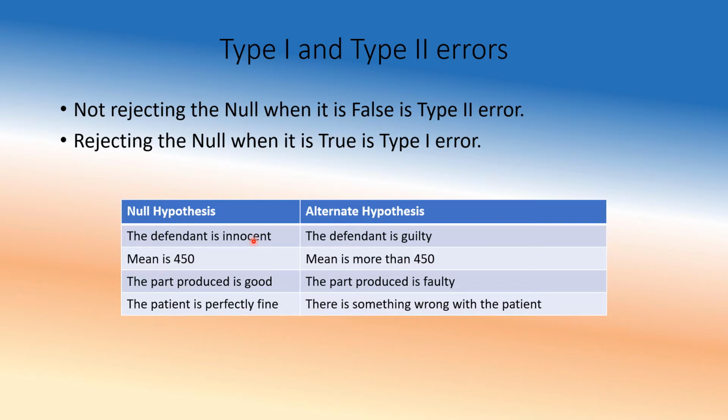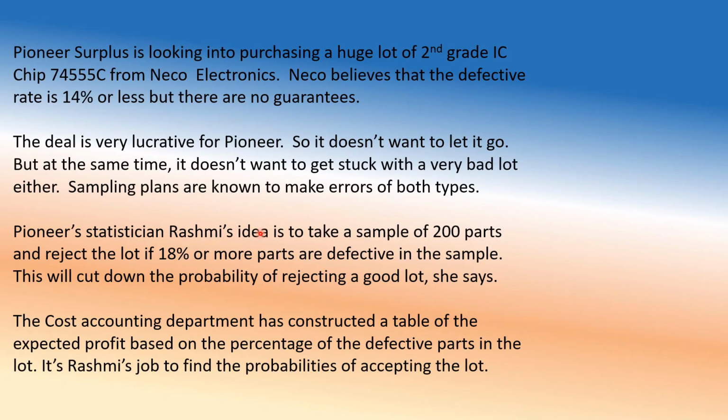Something was good, you said it was bad. Type 2 will be the defendant actually is guilty. That means null is false, but you didn't reject it. So you sent the person home free. That's type 2 error. So with that in mind, let's go to our real thing, which is solving a problem.